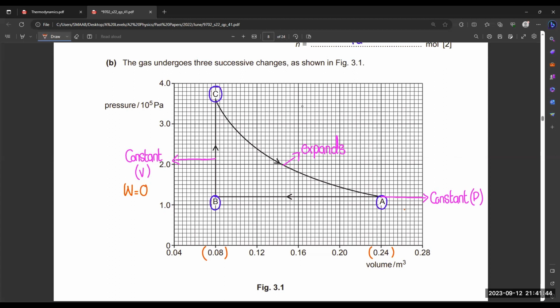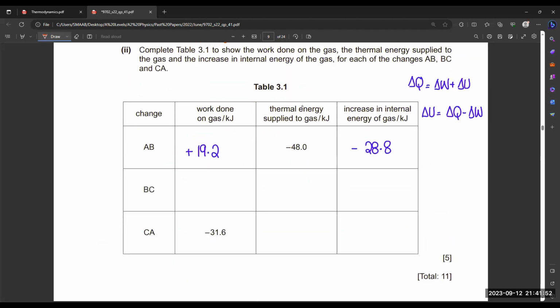Because volume is not changing, the piston is not moving, so no work done. So your work done will be equal to zero. So the first column equals zero. And for the next two boxes, we have to identify the rest of the values.